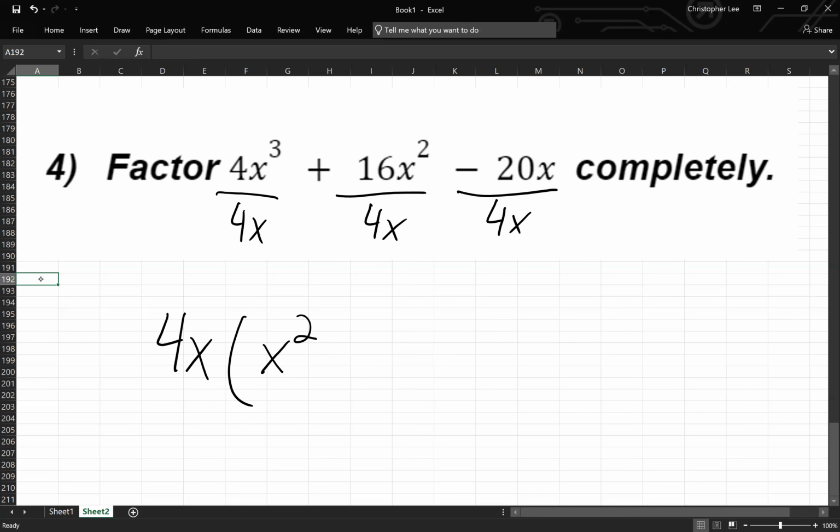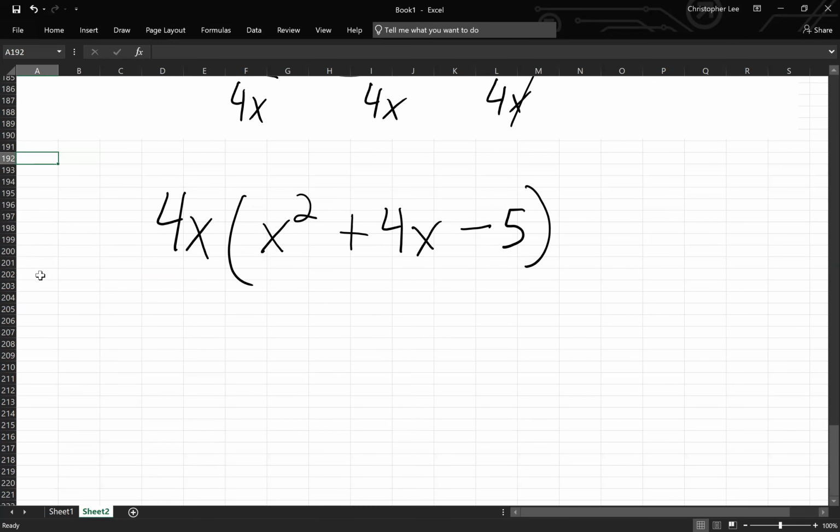X squared plus 4 what? X. What else? -5. Good. X's cancel out. What's next?